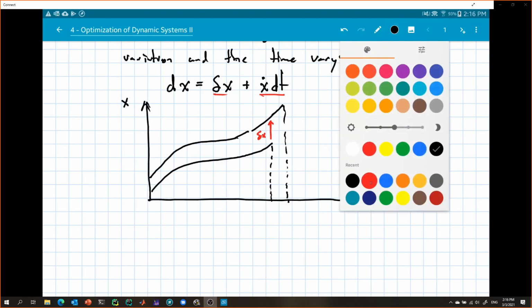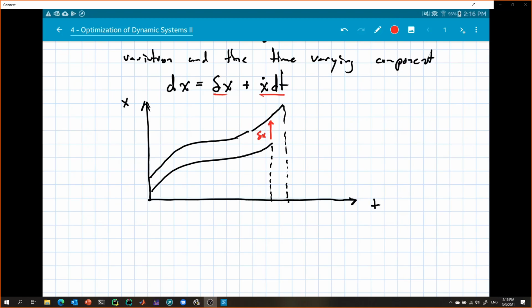So that vertical distance is the variation in x. But what we care about is this here. So then we also have to account for some change in t. So this is dt here, right? So it goes in this direction, and then if you propagate this forward, and these are infinitesimally small, you have a slope here. So this is x dot, which is the slope, times dt. So this entire thing here is what we're after.